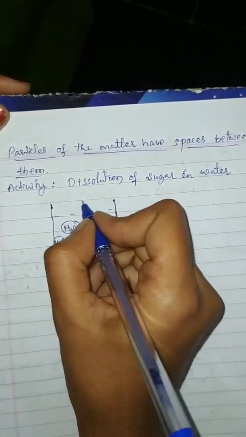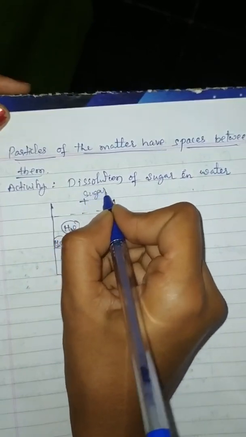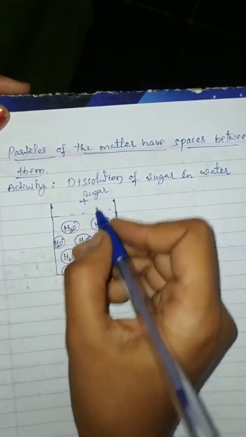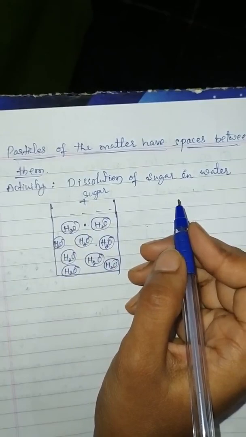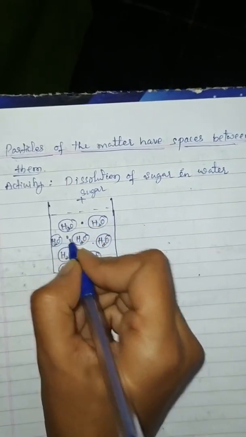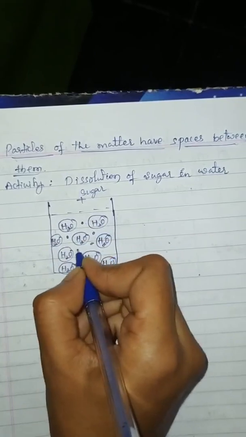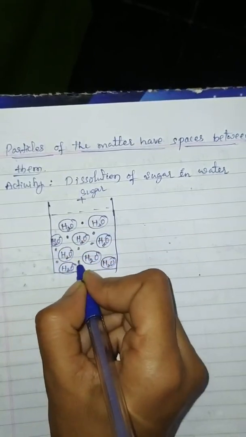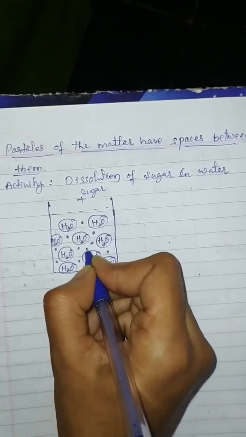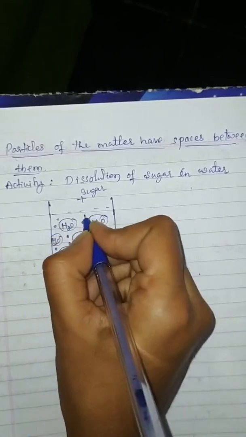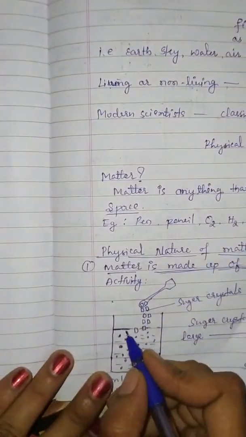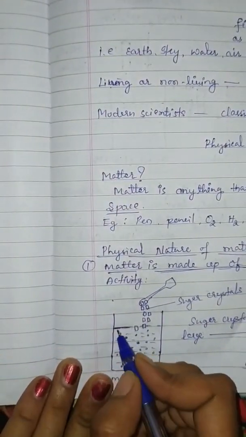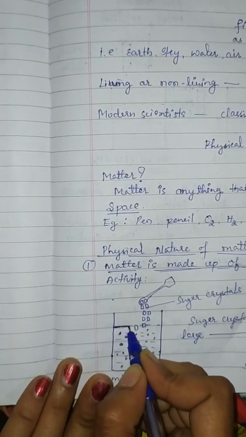When we dissolve sugar in this water, the large sugar crystals break into small particles, and these sugar particles occupy the spaces between the water molecules. Therefore, in this experiment we observe that after dissolving the sugar in water, there is no rise in the level of the water inside the beaker.